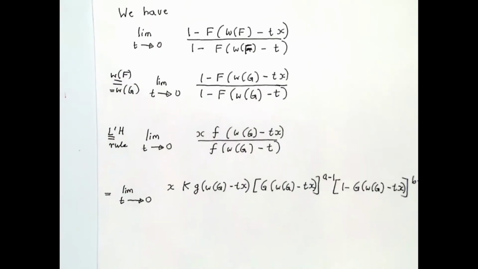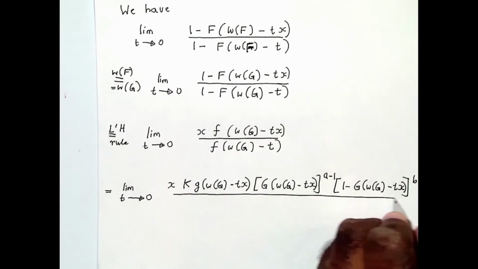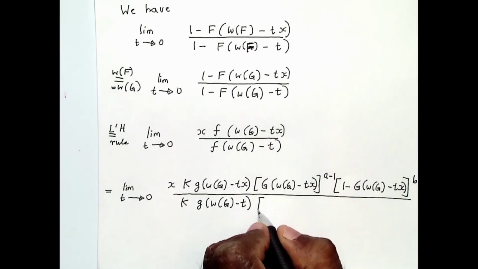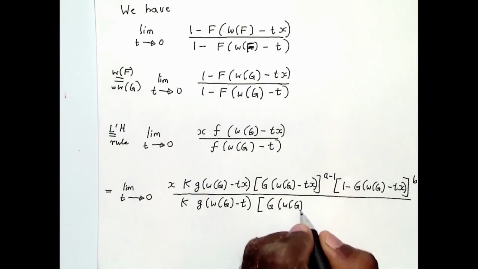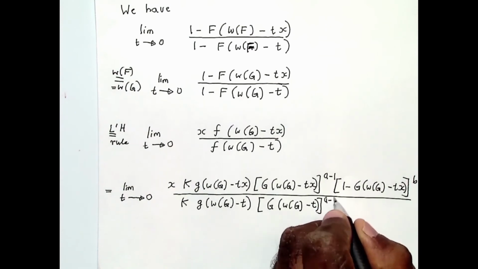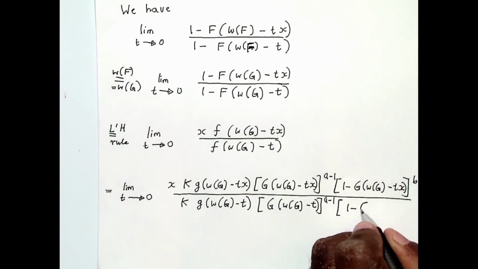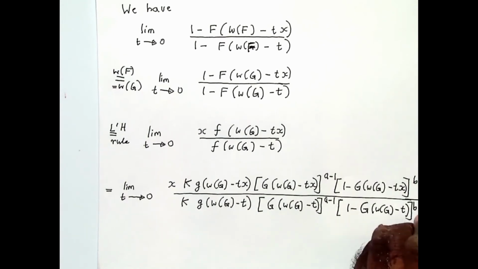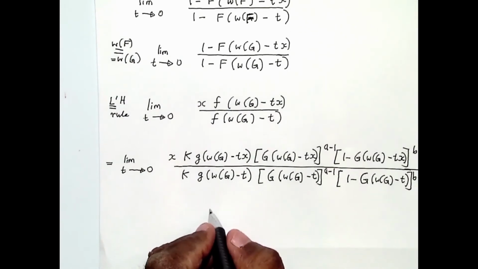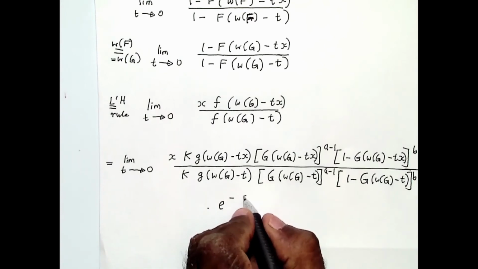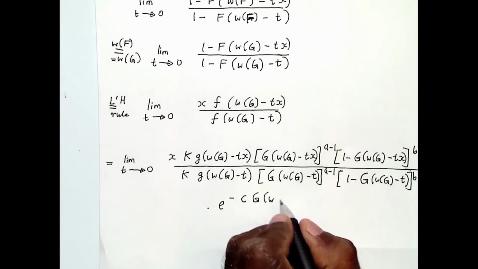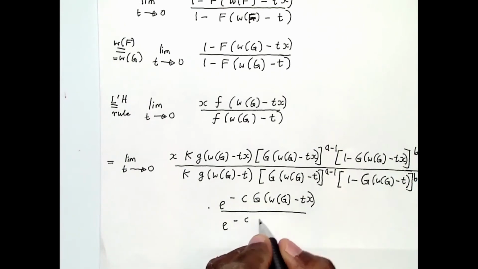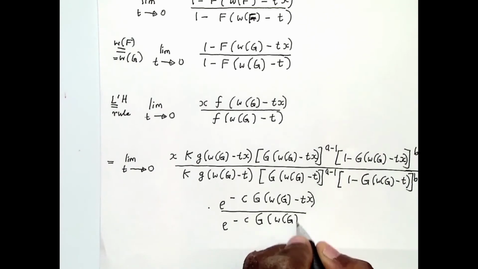Then in the bottom you have this capital K, and the remaining term I'm going to write over here. So it's E.